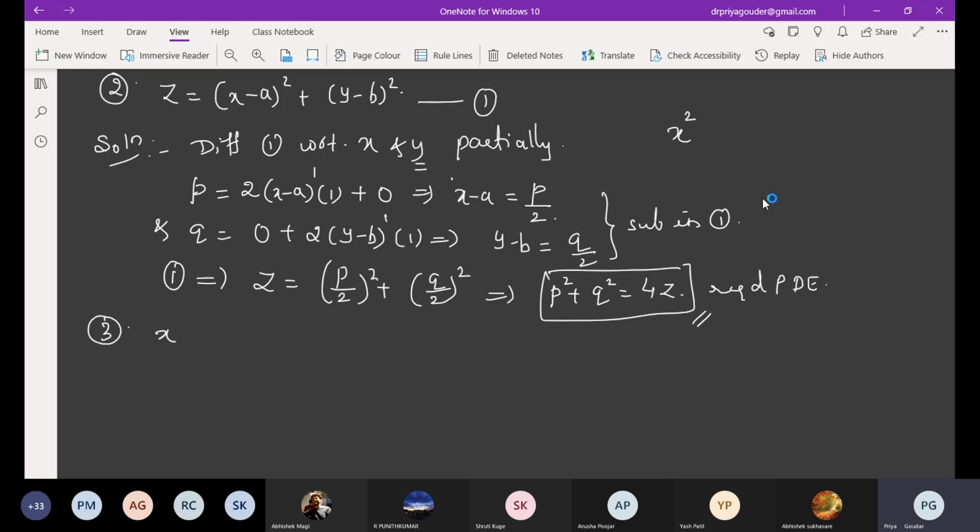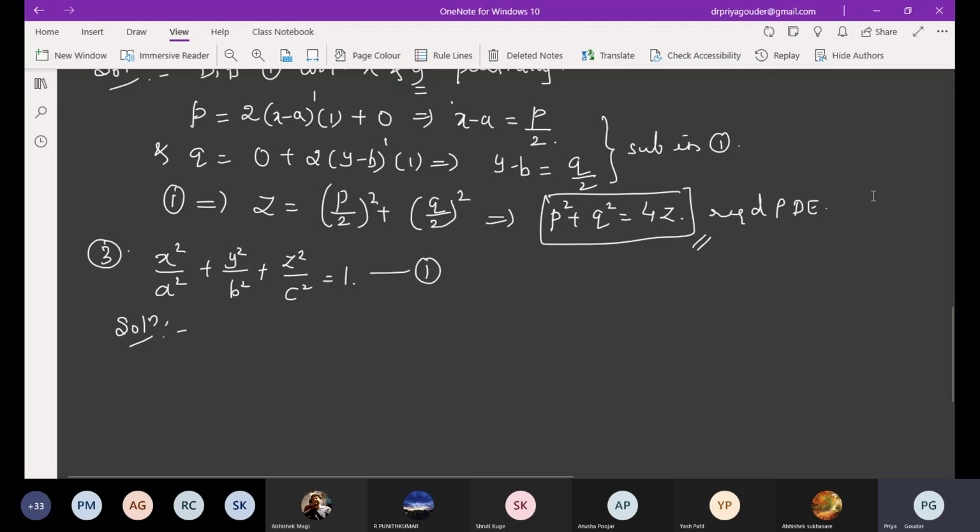Now write down x square by a square plus y square by b square plus z square by c square equal to 1. Take this as equation 1. Again, nothing much. Just start partial differentiation.